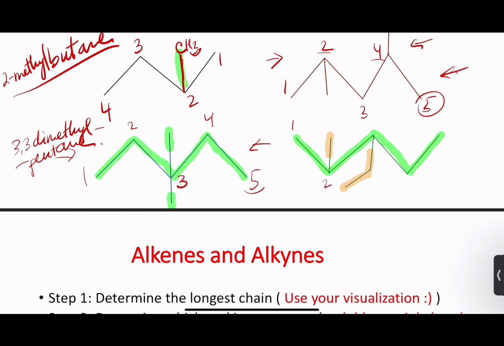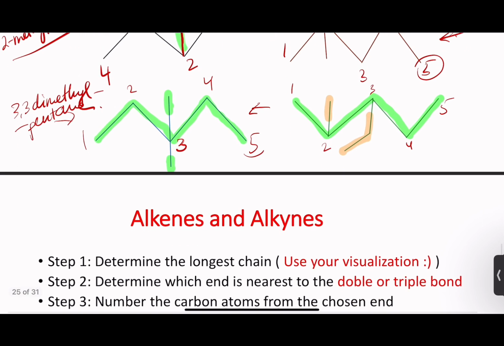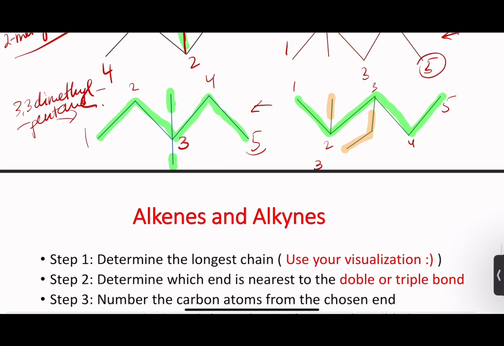It'll be 1, 2, 3, 4, 5, and the name of this guy will be 3-ethyl, because ethyl alphabetically comes before methyl. 3-ethyl, 2-methyl, and then pent because I have a root of 5 carbons, and ane because it's an alkane.